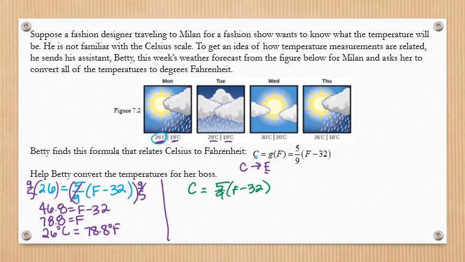the corresponding Fahrenheit. When I do that, I get C equals 5/9 F minus 160 over 9, which is what 5/9 times 32 is. So now to get F by itself, we'll add 160 over 9 to both sides.